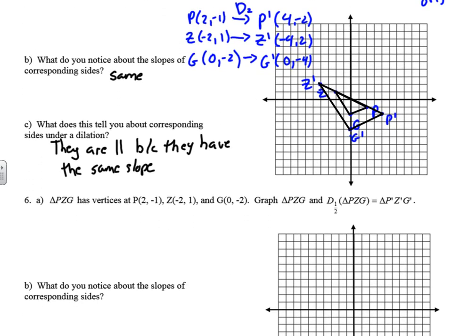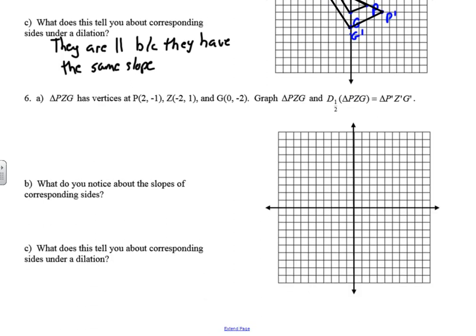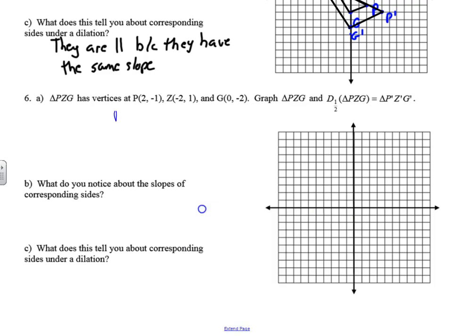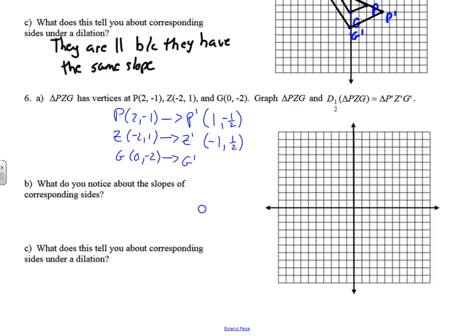Now another one along the same lines, but this time we have a different scale factor. Here the scale factor is 1/2, so PZG with a scale factor of 1/2. Again, we're assuming this is centered at the origin because we're not given a different point. So P prime, Z prime, G prime. All you're going to do is multiply by 1/2, which makes this 1, -1/2, -1, 1/2, and 0, -1.